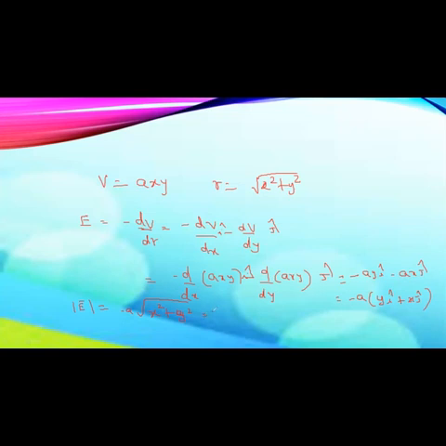And root over x square plus y square is nothing but r only. So simply the magnitude can be written as a into r. Hence electric field intensity is directly proportional to r, is the answer.